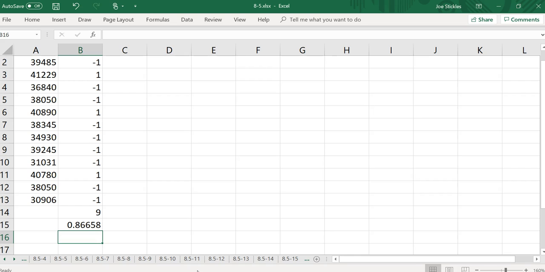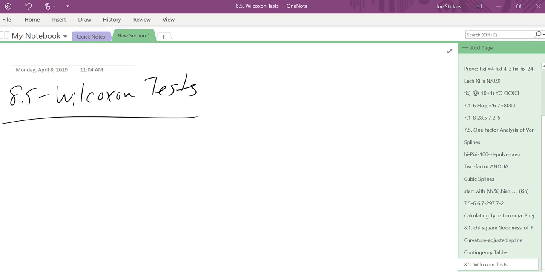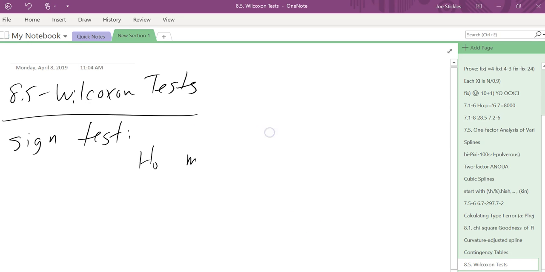So just to write this down, for the sign test, our null hypothesis is that the median is equal to some specific value. The alternative is that it's less than or greater than.